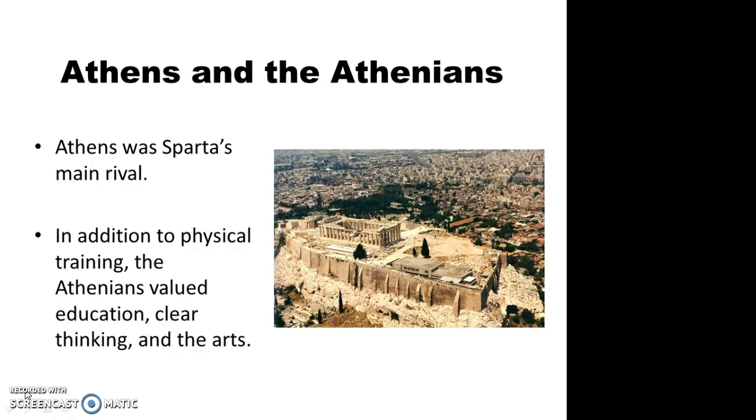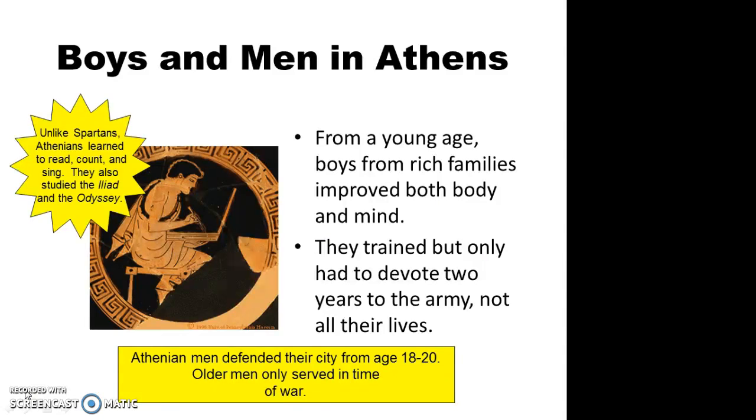Athens and Sparta were rivals. In addition to physical training, the Athenians valued education, thinking, the arts, more of a humanist type of person, whereas the Spartans were more militaristic. Unlike Sparta, Athenians learned to read, count, sing. Spartans didn't care about those kind of things.